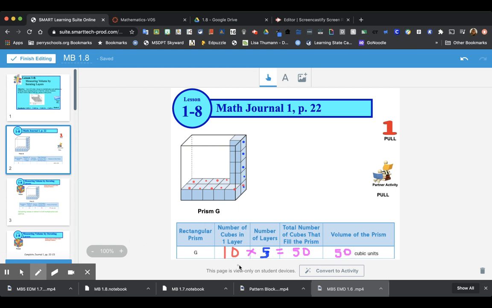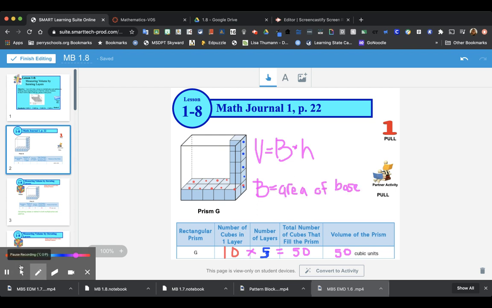We are taking the number in one layer, multiplying it by the number of layers, and getting the total number. The way we're doing this connects to the formula, and this is something we're going to continue talking about. The formula is capital B times height, and capital B stands for area of the base.